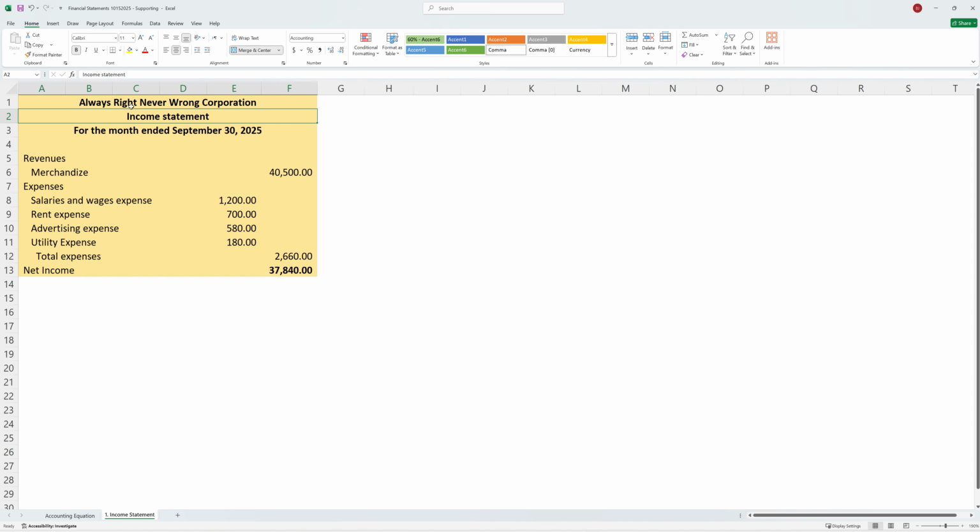I need to highlight that for the accounting equation and any income statement I'm presenting, I'm following the GAAP principle.